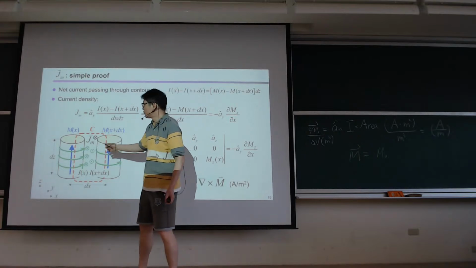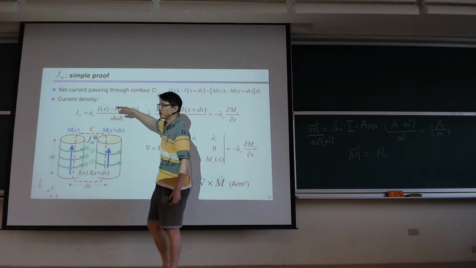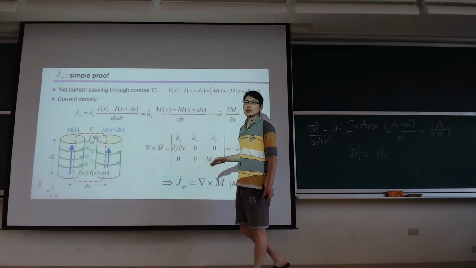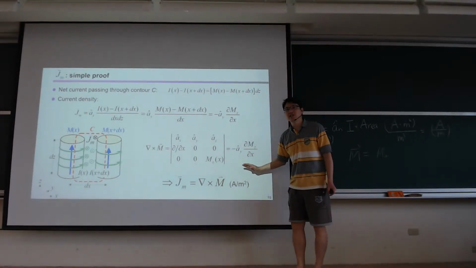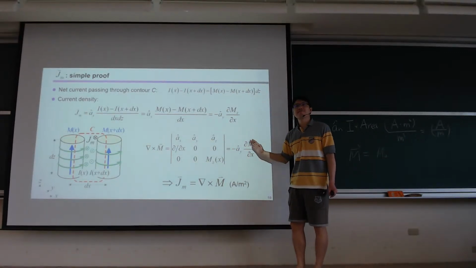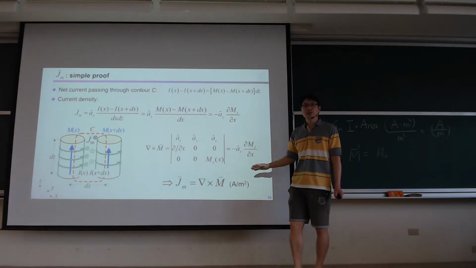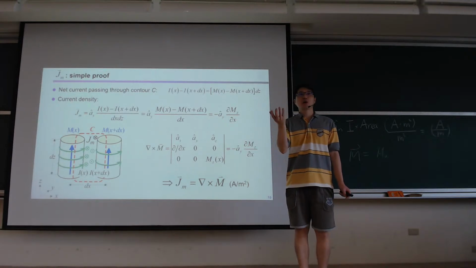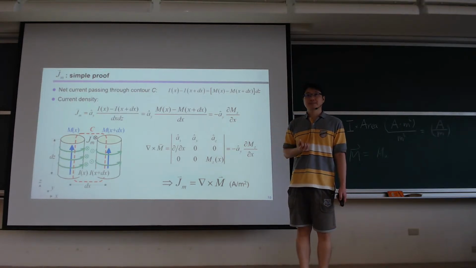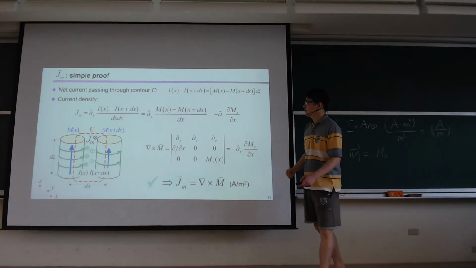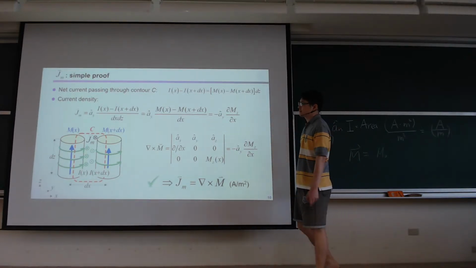You form the closed loop and do the calculation by the definition, and you can verify this is indeed true. This is a valid mathematical description of the induced volume magnetization current density. Okay. All right, so that is checked.